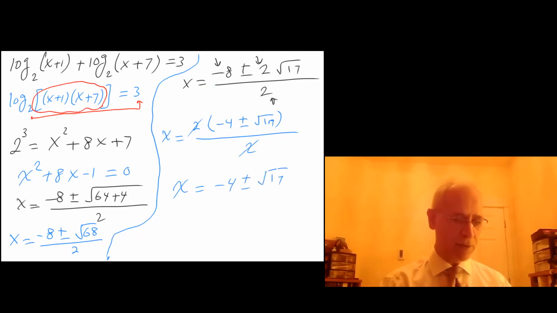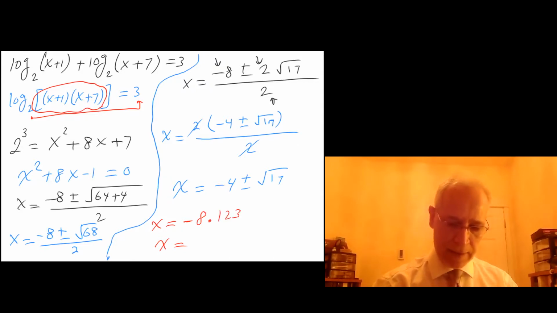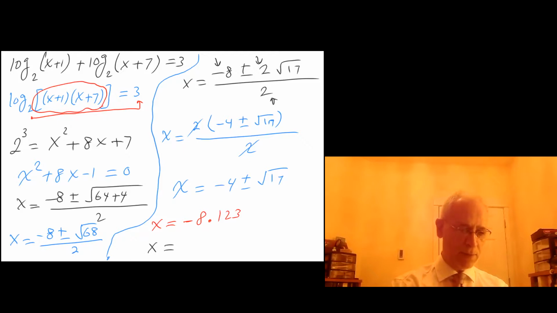Let me grab my calculator, and I should get 2 answers. One x should give me a negative number, and the other x should give me a positive number. Minus 4 minus root 17 is going to give me negative 8.123, and minus 4 plus root 17 is going to be 0.123.